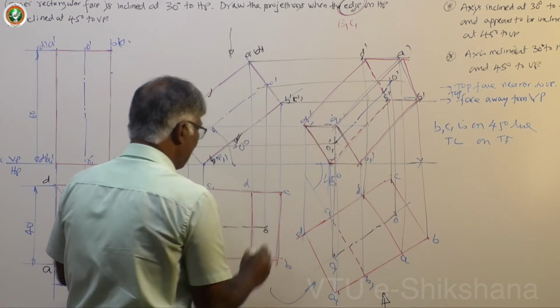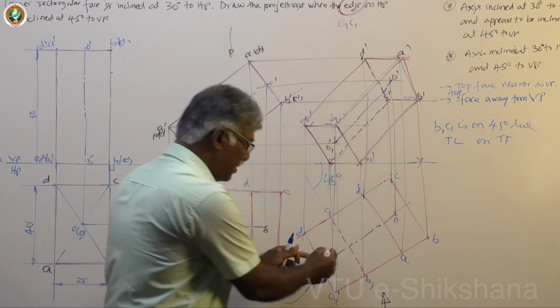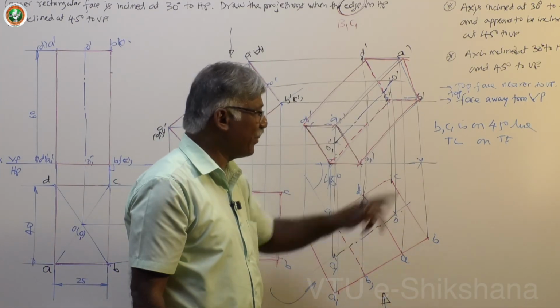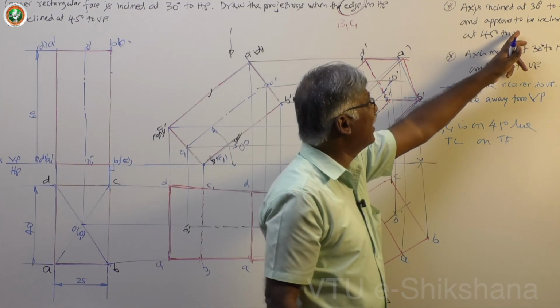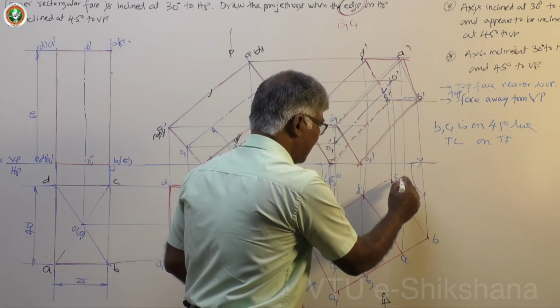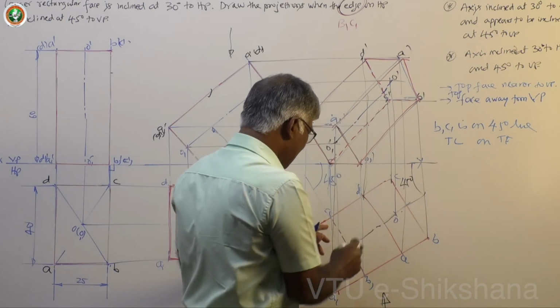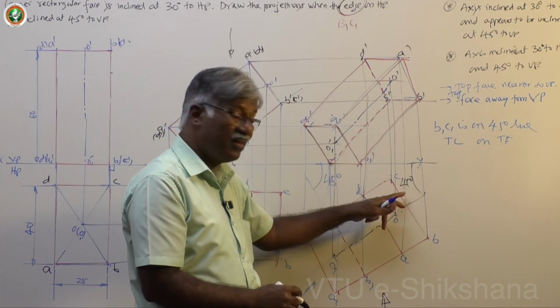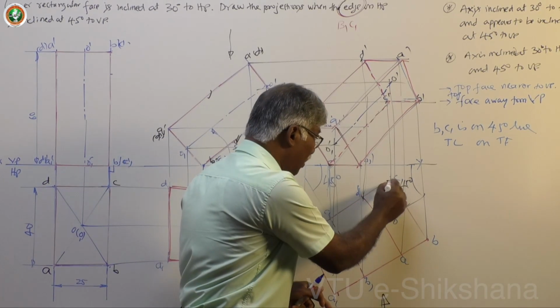See, you have to complete the axis reference. This particular line refers to the apparent length and apparent inclination. What is the apparent inclination given? Here it appears to be inclined at 45 degree. This is 45 degree. You can say instead of true length and true inclination, I am concentrating on the axis. This is the apparent angle, beta equal to 45 degree.